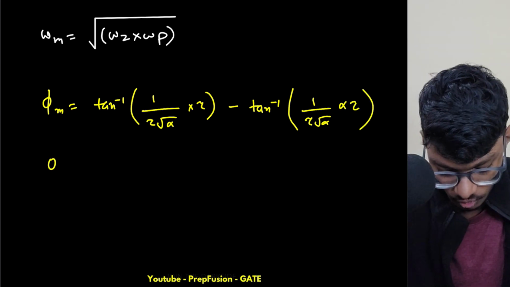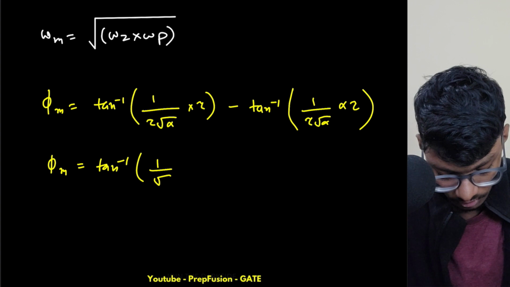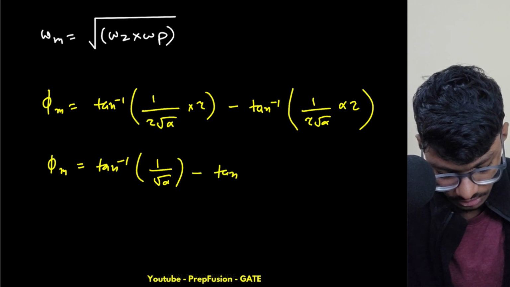Okay, so my phi m becomes tan inverse 1 by under root alpha minus tan inverse under root alpha.